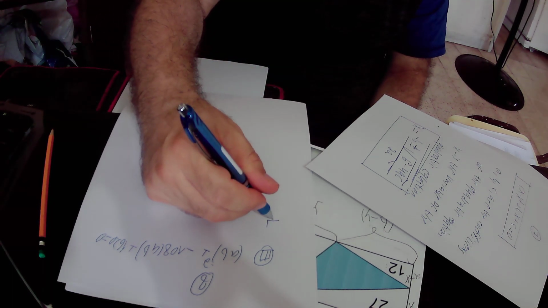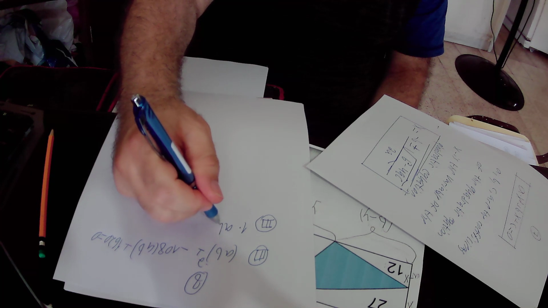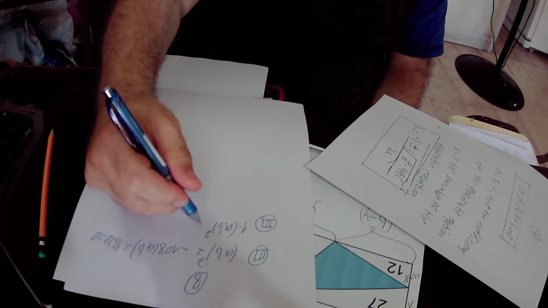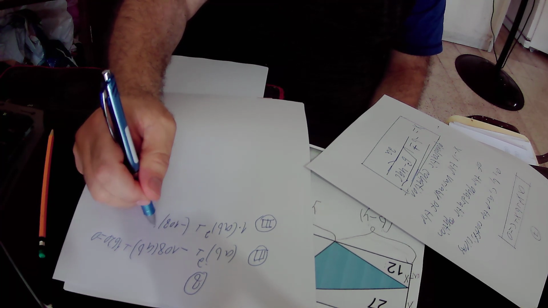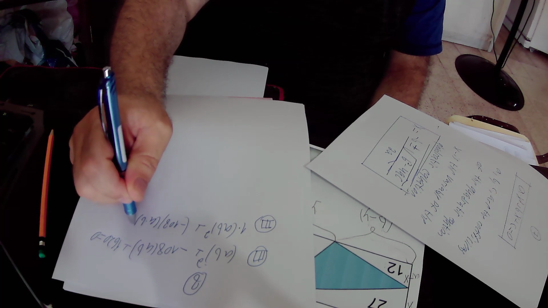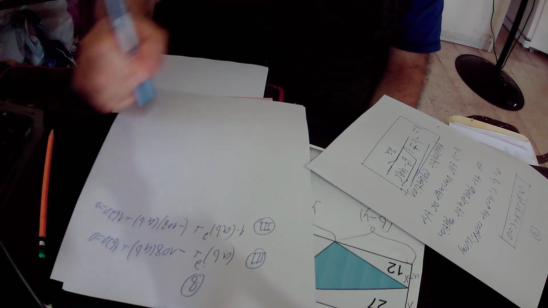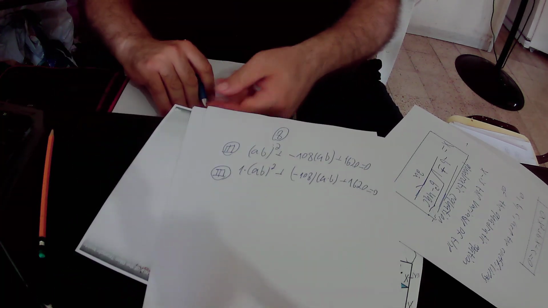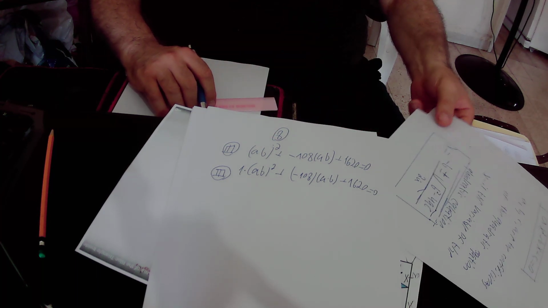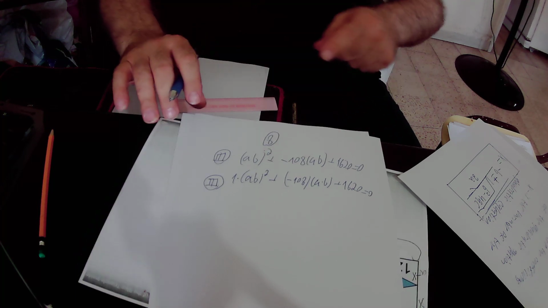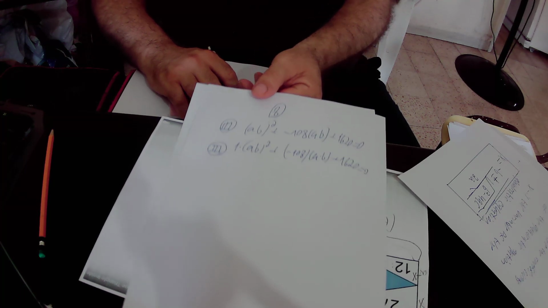So I will write the same equation again: 1 times AB squared minus 108 times AB plus 1620 equals 0. It is the same equation multiplied by 1, so it doesn't change anything.